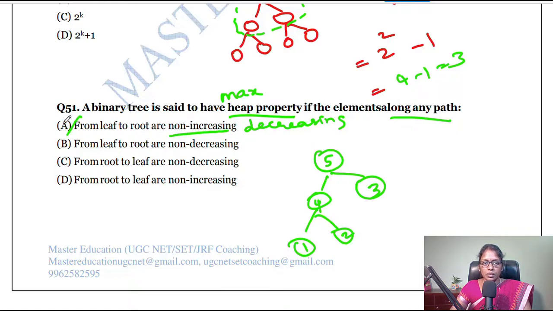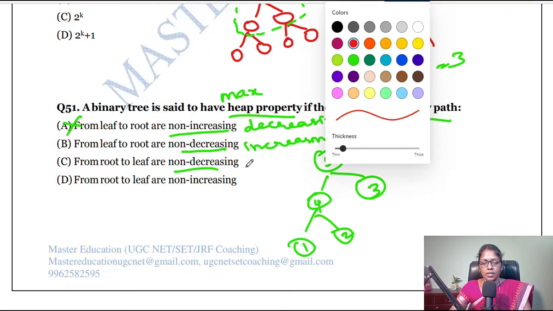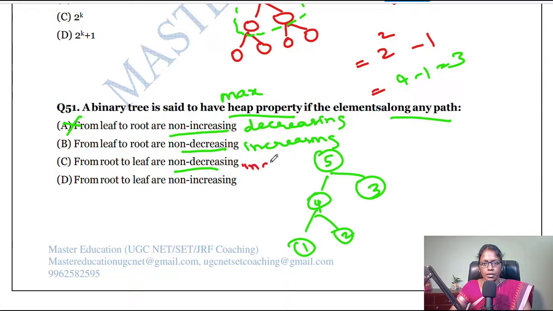So this is wrong. The second statement, from leaf to root increasing. And the third statement, from root to leaf increasing. Non-decreasing means you can write it as increasing.